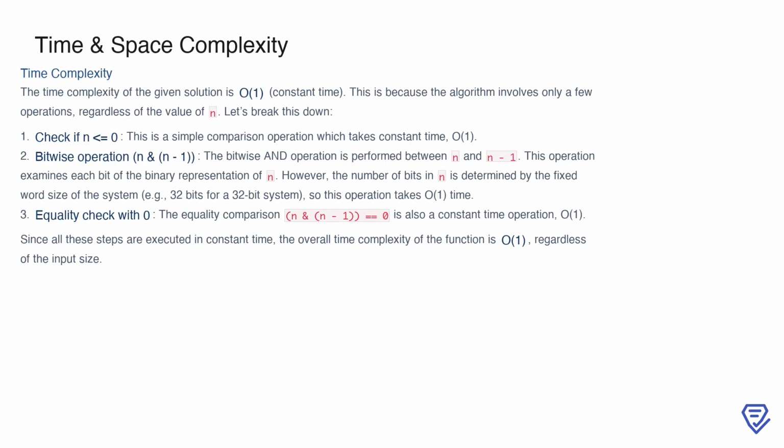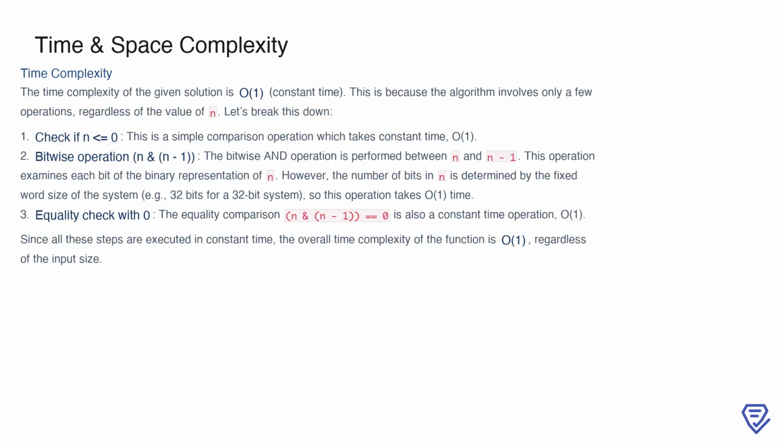The time complexity of this solution is constant, or O(1), because the number of operations it performs does not depend on the input value of n. To break this down, the first step is a simple comparison to check if n is less than or equal to 0, which takes constant time. Next is the bitwise operation n & (n-1). This operation evaluates each bit of the binary representation of n.